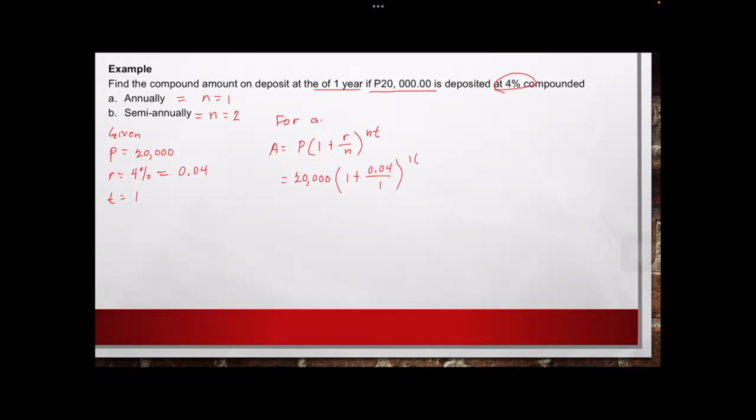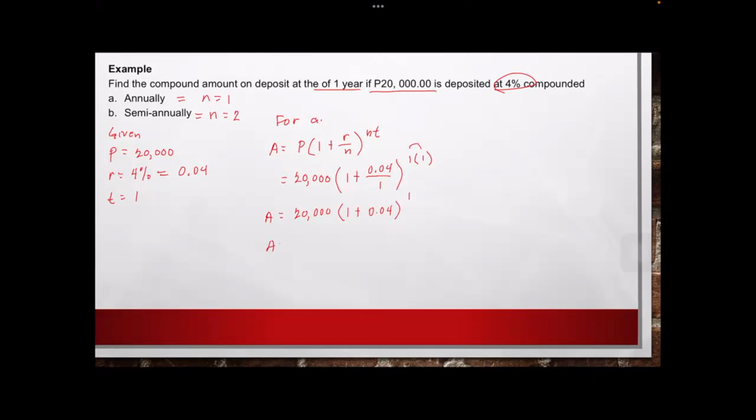So ang N natin ay 1, ang T natin ay 1 pa rin. So A equals 20,000. Now, pakisimplify mo na itong nasa loob. 1 plus 0.04 over 1. So, magkakaroon ka dito ng 1 plus 0.04 over 1 is still 0.04. Then, 1 times 1 dito sa taas ay 1.